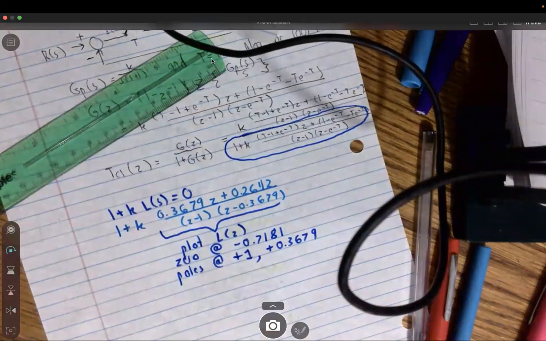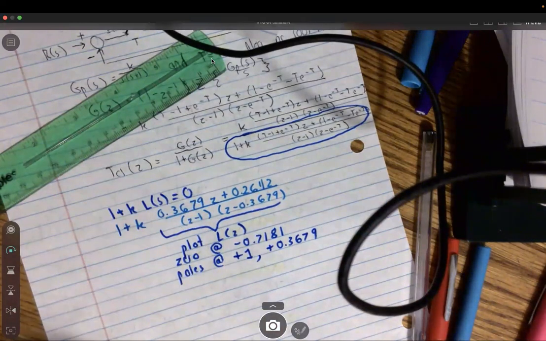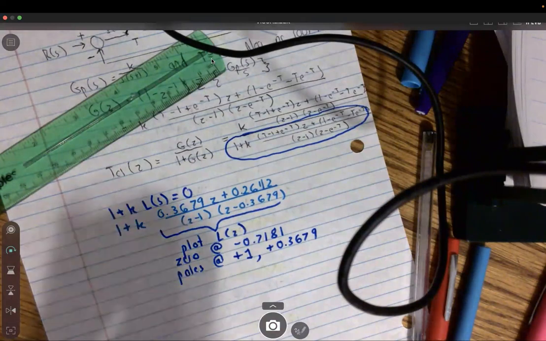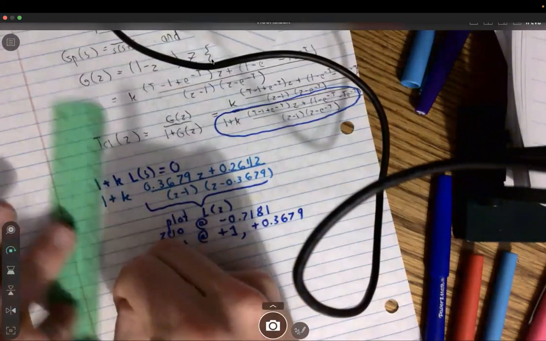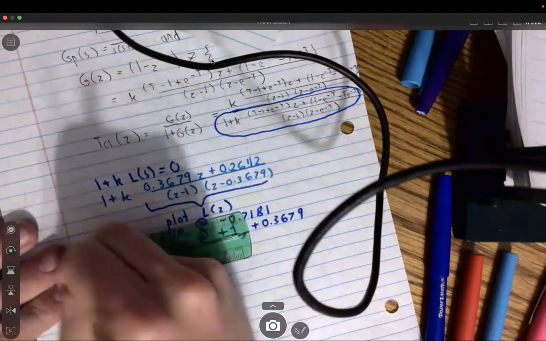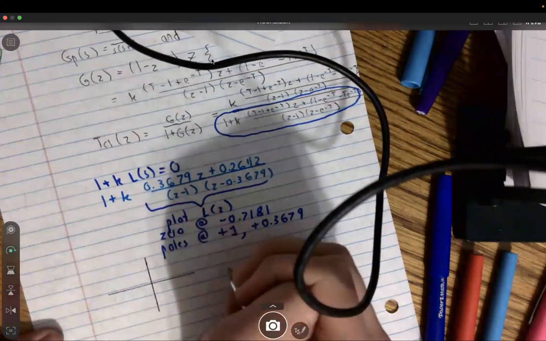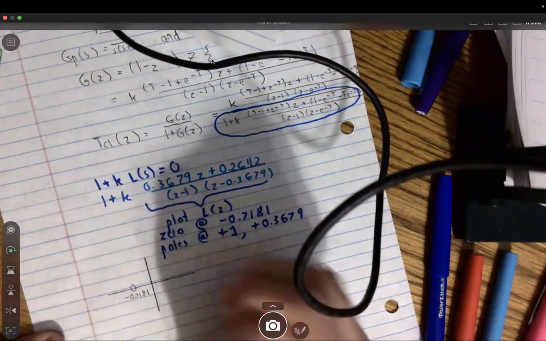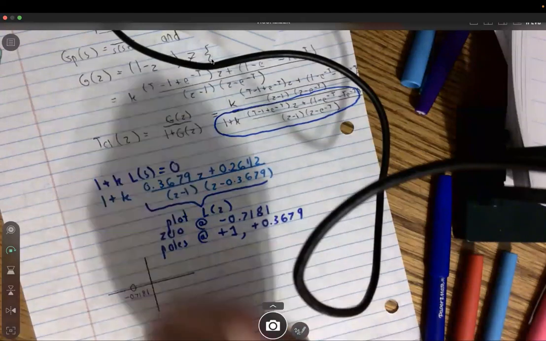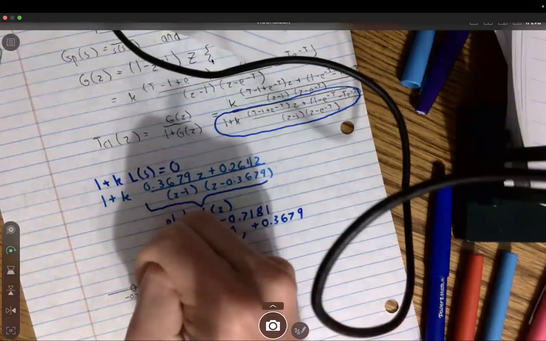Okay, so that's what we should expect when we plot the root locus here. From my open loop system, we have a 0 at negative 0.7181, and then a pole at positive 1, and then positive 0.3679.